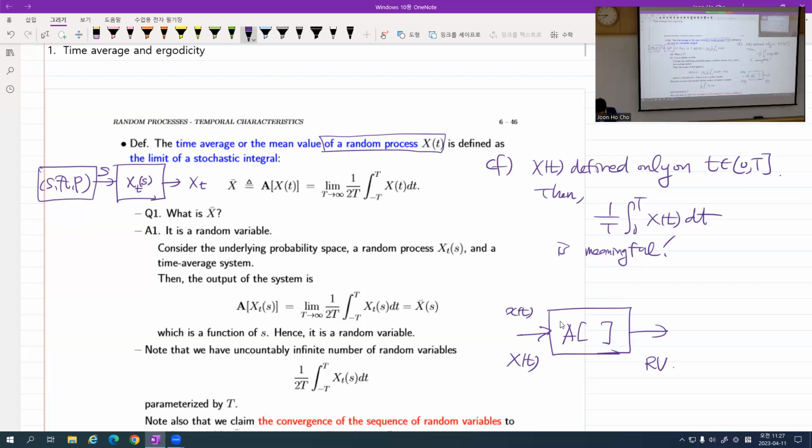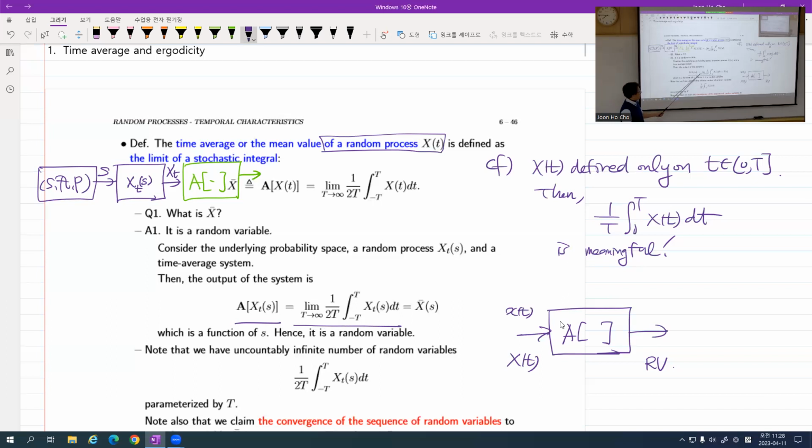Now, what we do is put here a time average operator. Then what do we have? We have this one as the output. Got it?